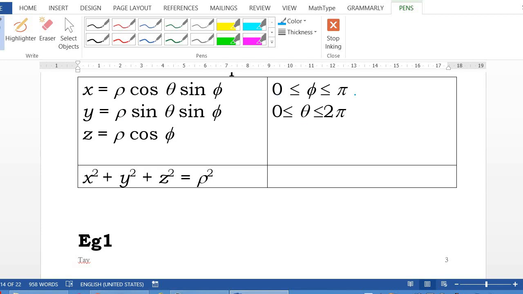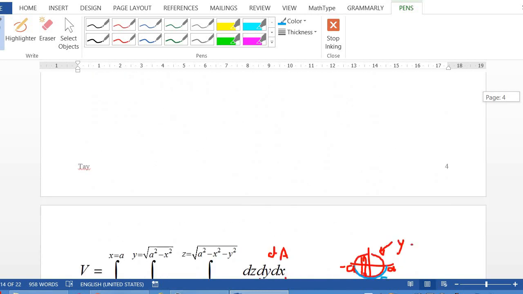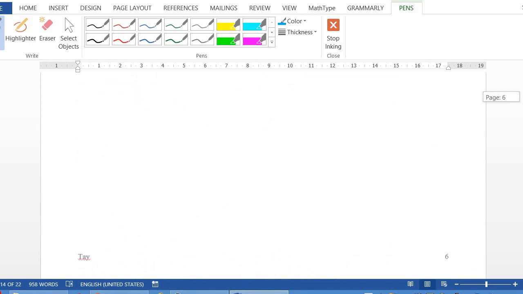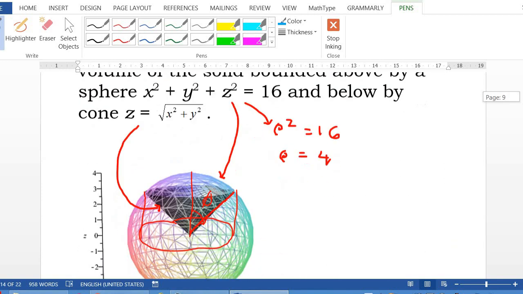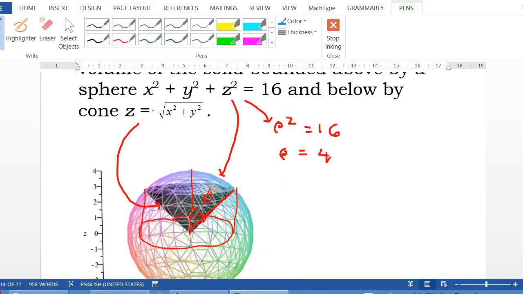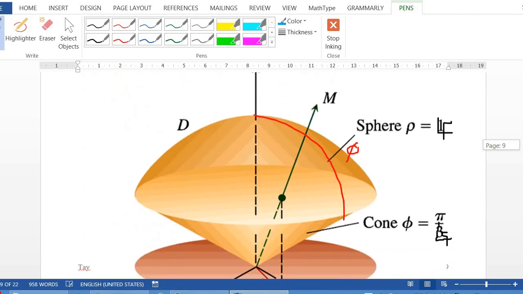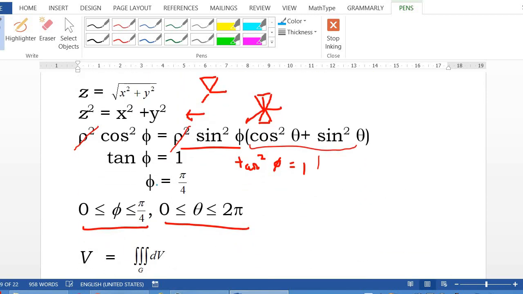For a sphere, phi is from 0 to pi; if you have an upper hemisphere, phi is from 0 to pi over 2. If you have a cone with the equation z equal to square root of x squared plus y squared, by solving the cone equation you get phi is pi over 4.